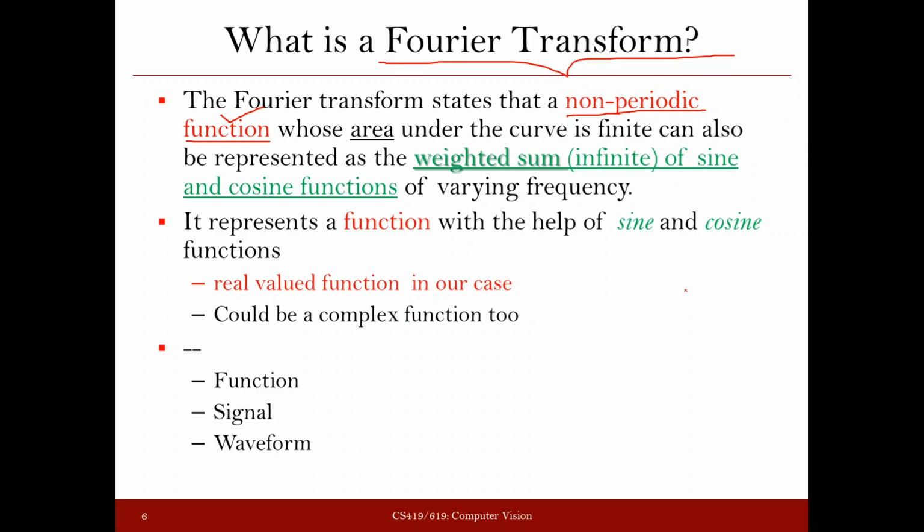Okay. Here also, in the case of Fourier transform, the given non-periodic function is represented in terms of weighted sum of sine and cosine waves. So here also, in the alternate representation, you represent the given function in terms of weighted sum of sine and cosine waves, but you will see that in the formula the things will change. Okay.